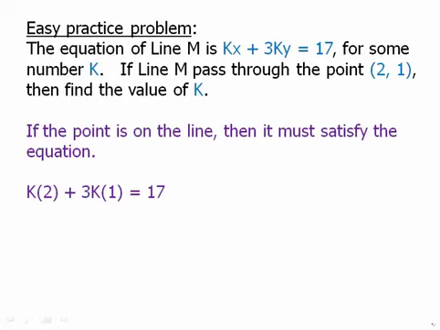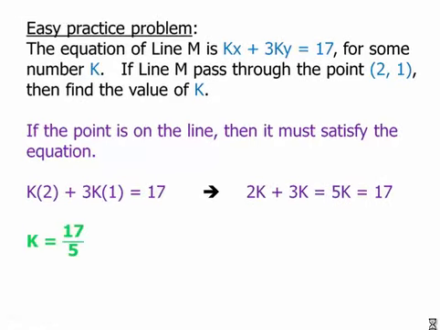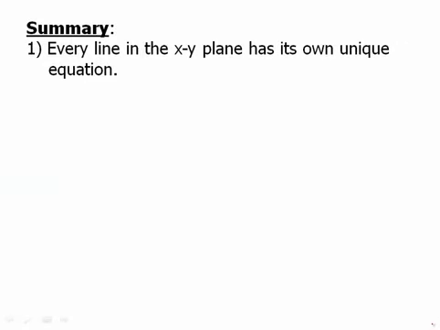So we'll plug in x equals 2, y equals 1. What we get is 2k plus 3k. 2k plus 3k is 5k. 5k equals 17. And so k must equal 17 fifths. So that's the value of k.